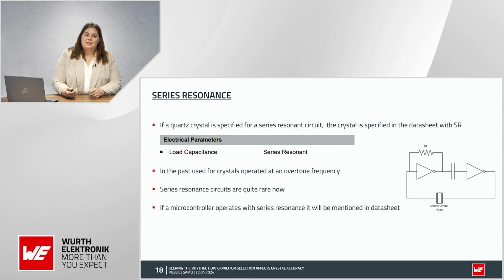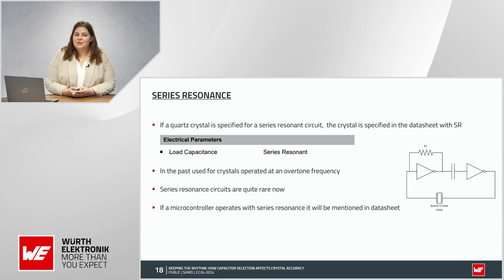In the past, series resonant crystals were used in cases where the crystal should be operated at an overtone frequency, for example the third overtone of the frequency that the crystal blank has. In those cases, series resonance crystals were used. But nowadays they are quite rare, because there are other opportunities and other components you could use if you want a higher frequency.